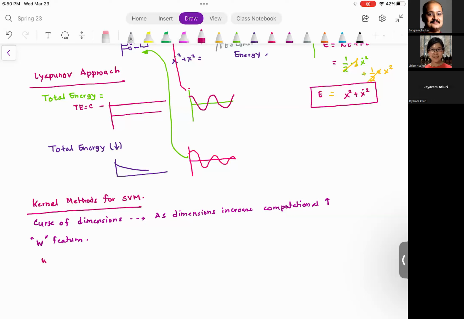So you have W equals the sum, j equals 1 to M, of alpha j phi of x j. These are the different weights, and these are different nonlinear observable functions.